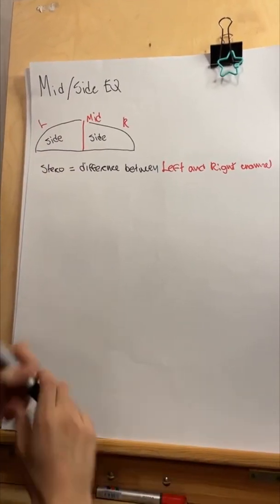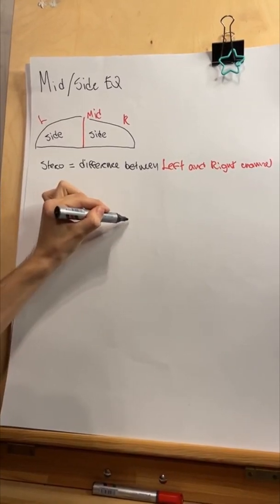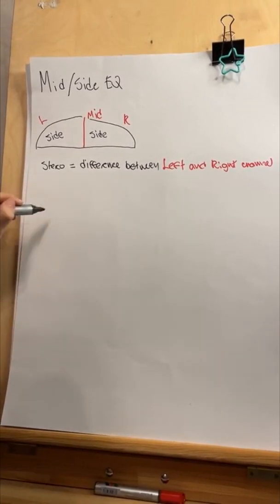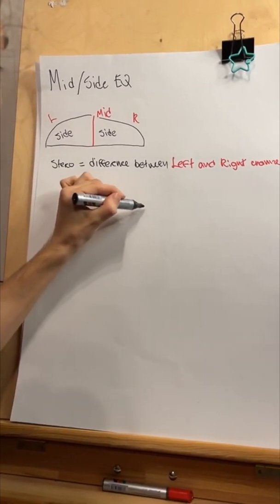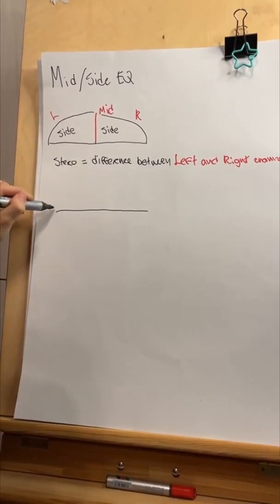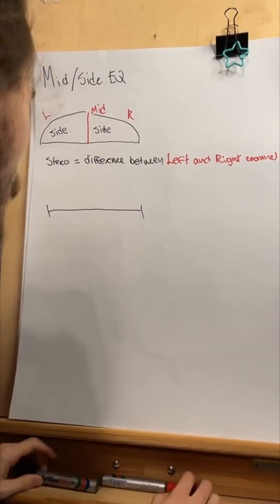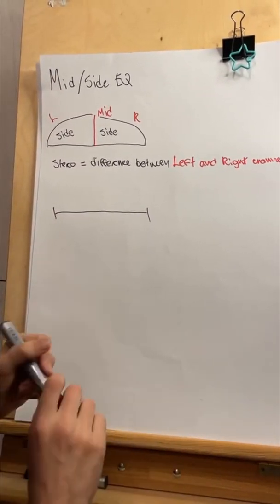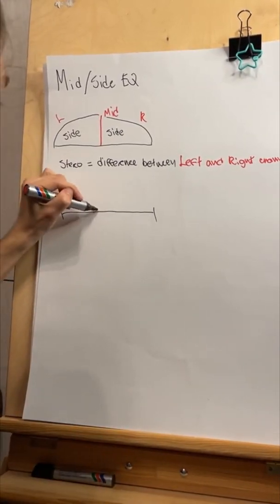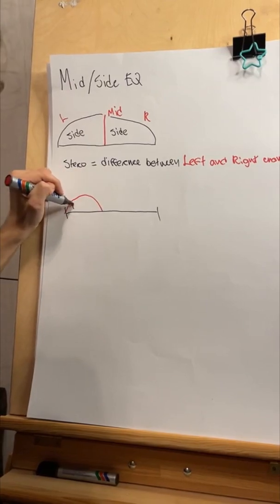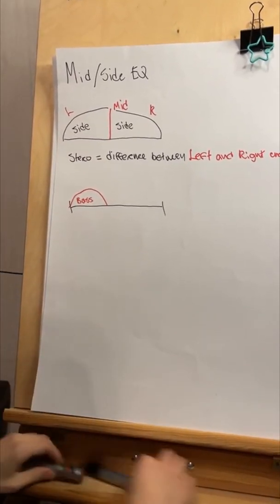So for example, let's say that we want to, how to draw that, this is a little bit more complicated. So let's say that we have the sound, okay? So maybe we have some information here. This is going to be the bass, and it's in mono, right?